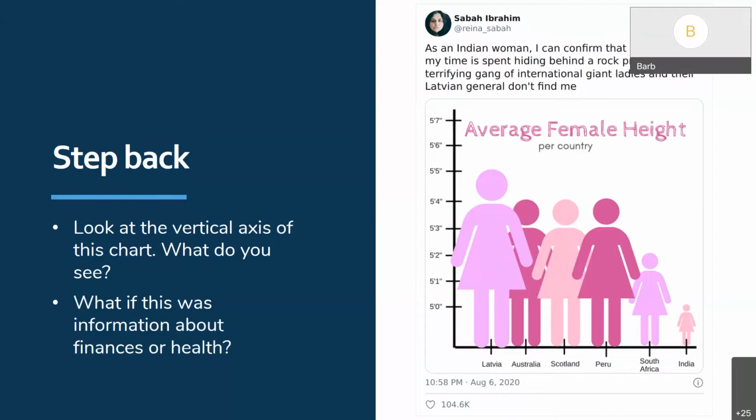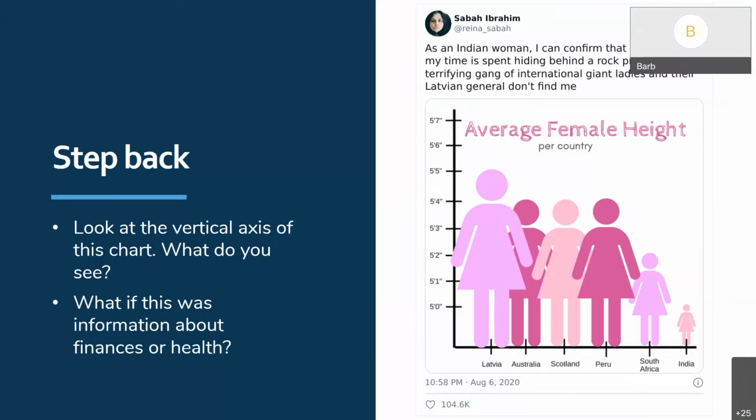So if we look at this height chart here, which, by the way, I did try to find a source for the average height information and I couldn't, so take the average height here with a grain of salt. What we're looking at is how they have manipulated the image. Look at the y-axis, which is the up and down vertical axis there.